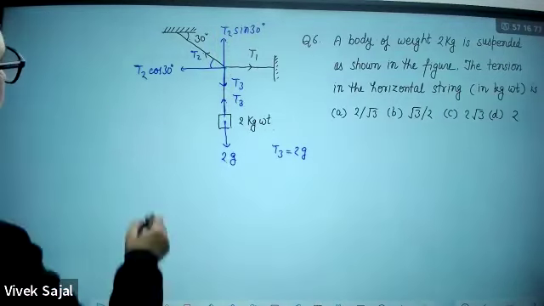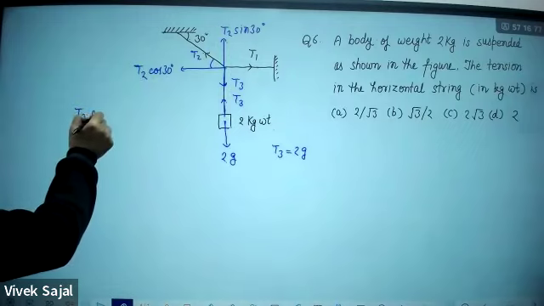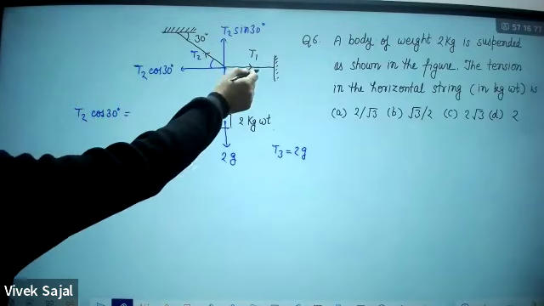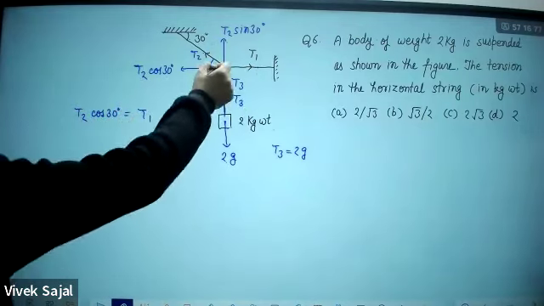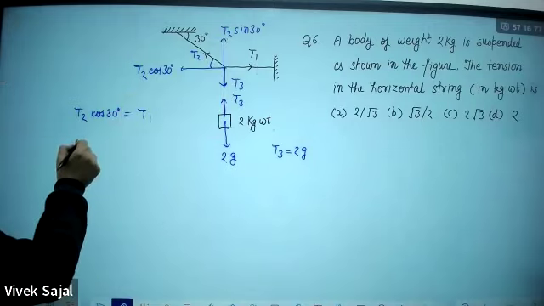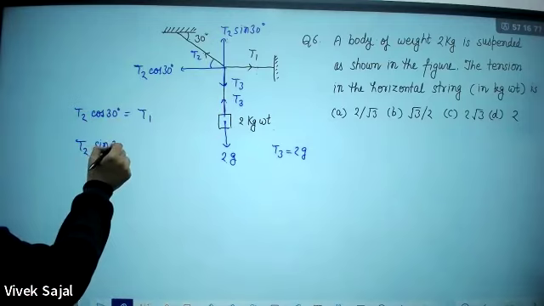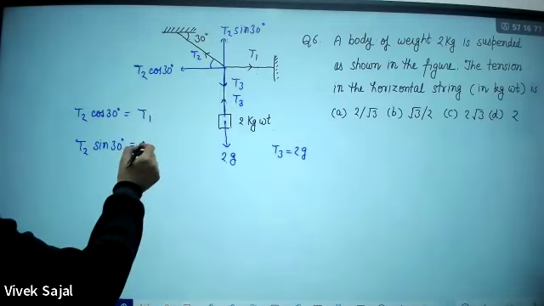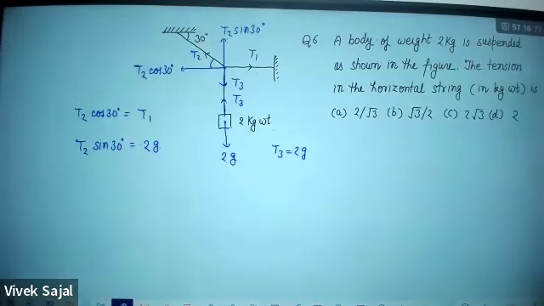This T2 cos 30 degree is going to balance the T1 force, and T2 sin 30 degree will be balanced by T3, and T3 is equal to 2g.